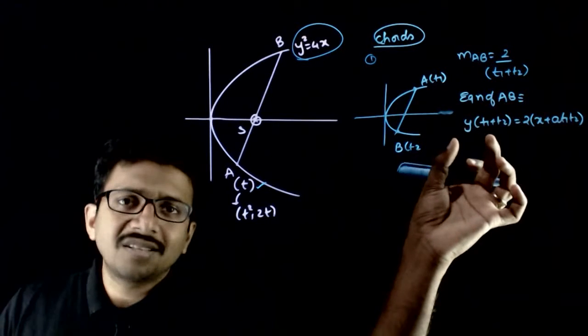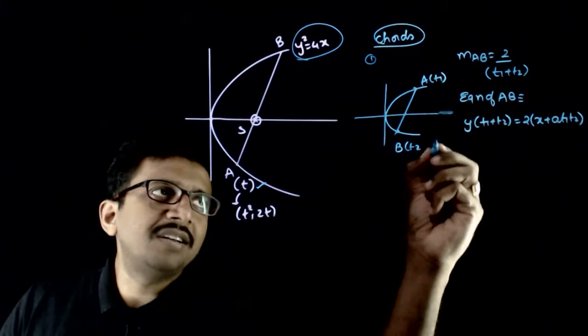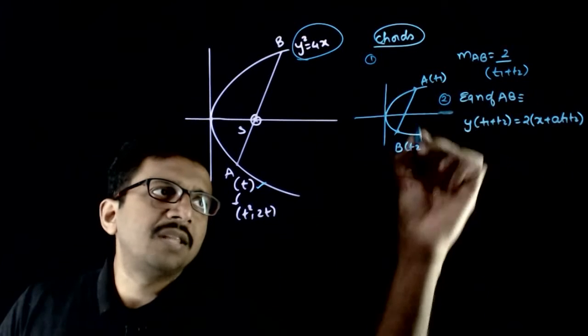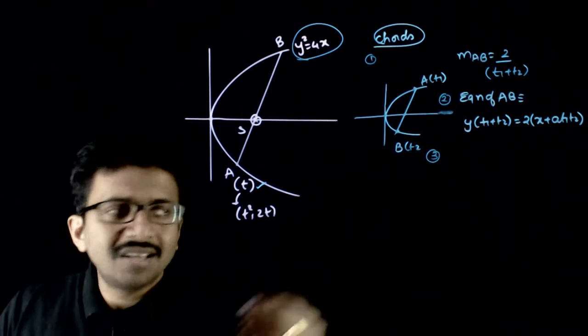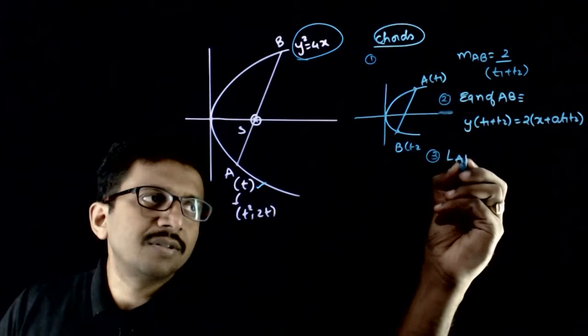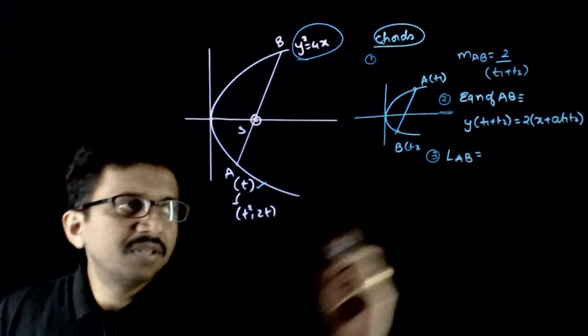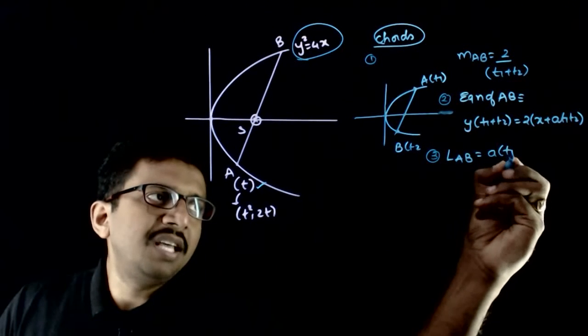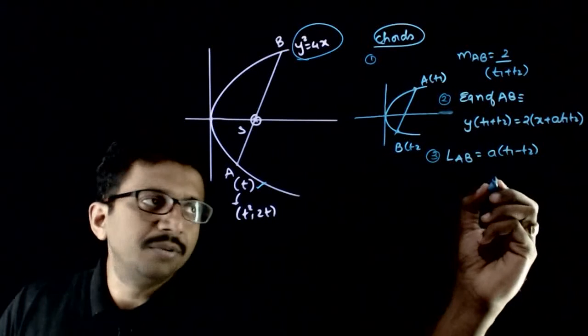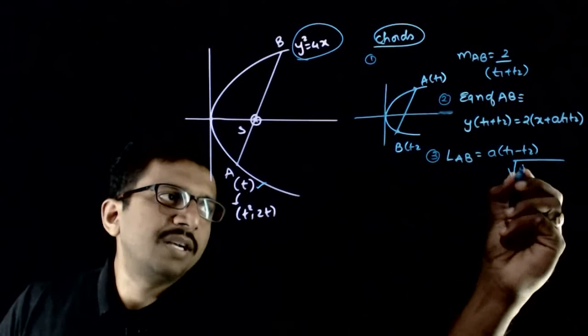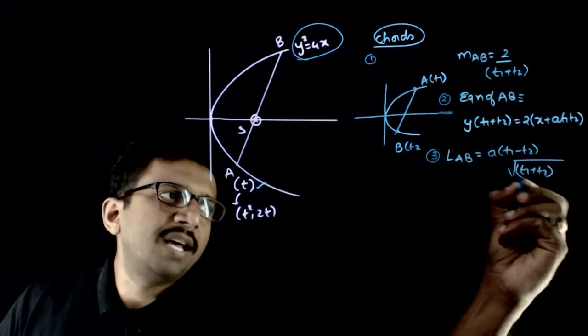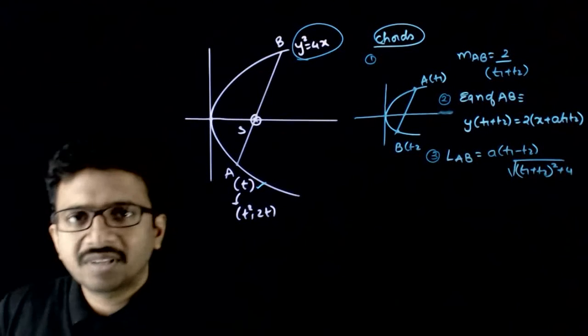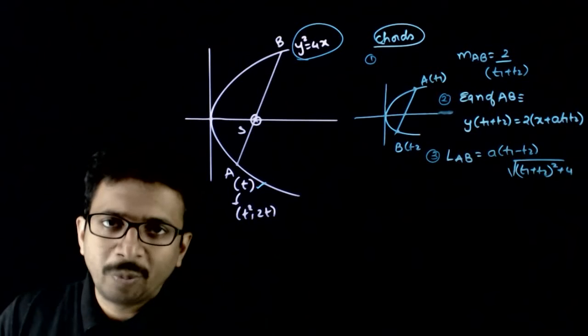So this is the equation of the chord, and the third result which you need to remember is the length of chord AB. The length of AB is equal to a times t1 minus t2 into root of t1 plus t2 whole square plus 4. These are the 3 standard results which you need to remember.